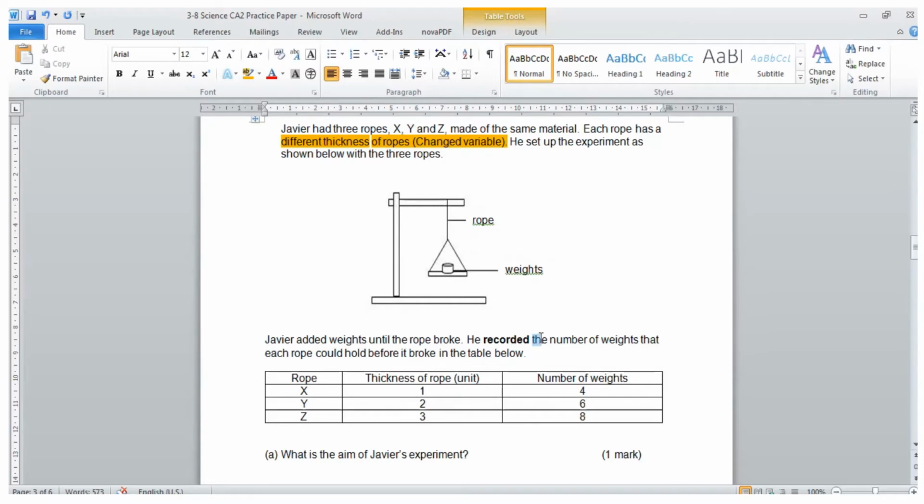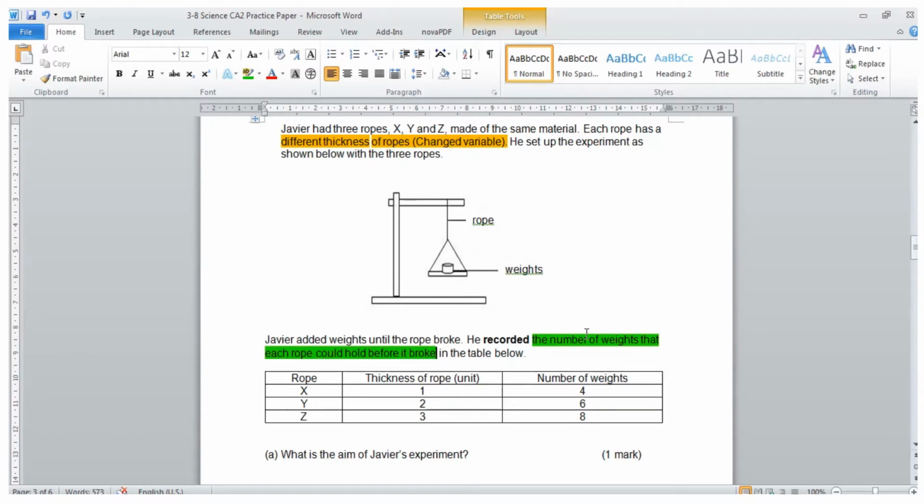As you have said, the measured variable here is the number of weights that each rope could hold before it broke. Can you see that it is the whole statement over here? Sorry, it's a whole phrase. You cannot just stop at the measured variable is the number of weights. The number of weights that what? That each rope could hold. Again, you cannot just stop there. Why?